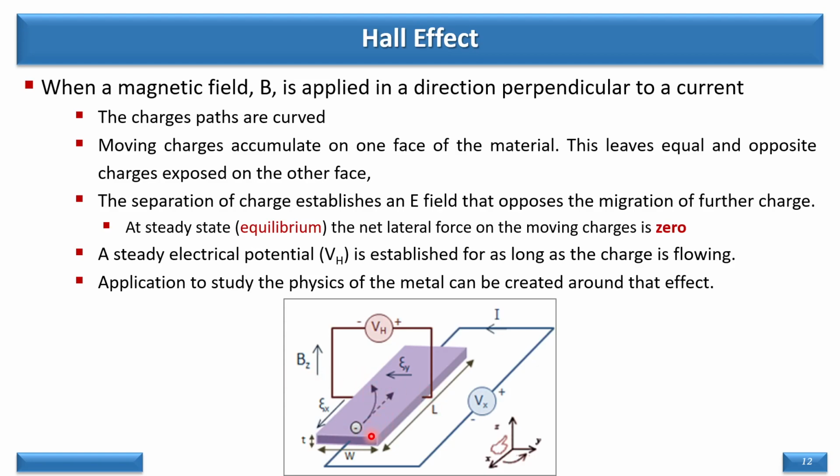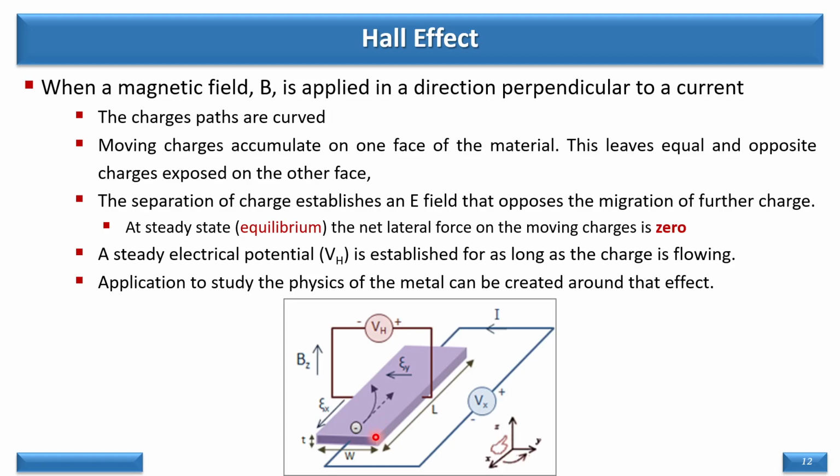which means that the stream of charges moving in that direction will be pushed to the left, accumulating and putting more density of electrons on the left side, and when the electron moves out of its position, it will leave some positive charge.